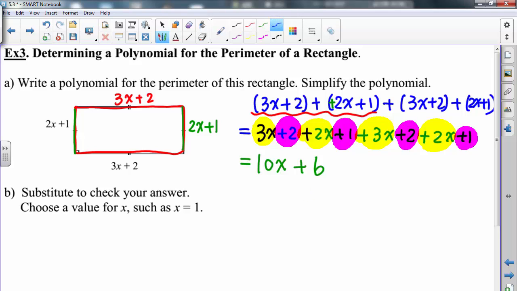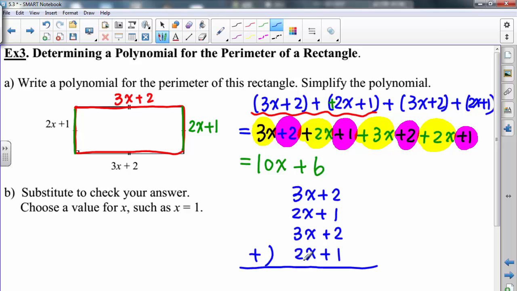So I can add 3x plus 2, plus 2x plus 1, plus 3x plus 2, plus 2x plus 1 in the column way, as long as you can line up the like terms. So we will get the constant terms add up to 6. And those x terms, they add up to 10x.